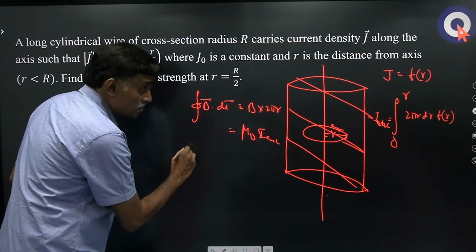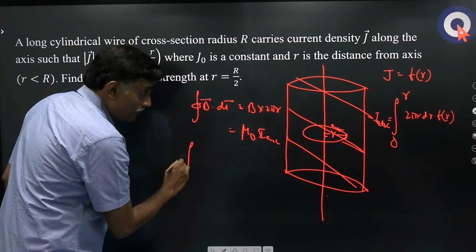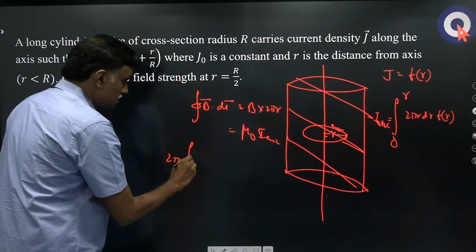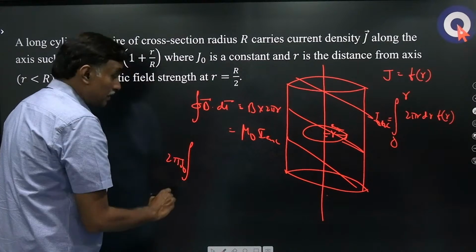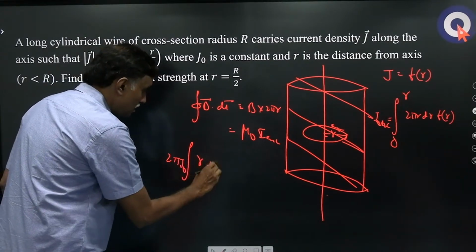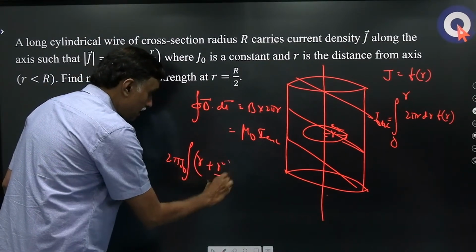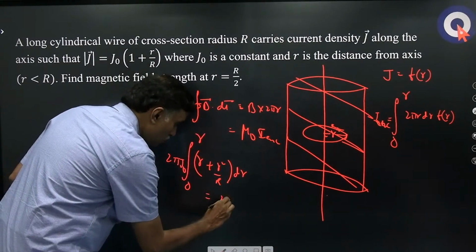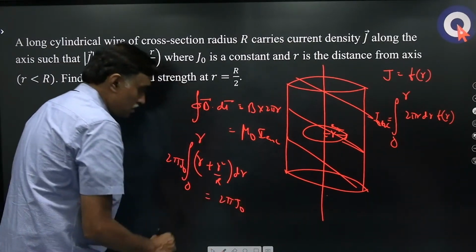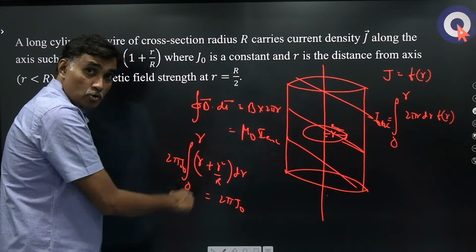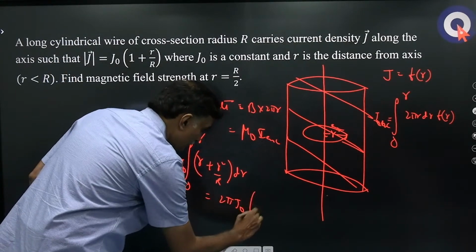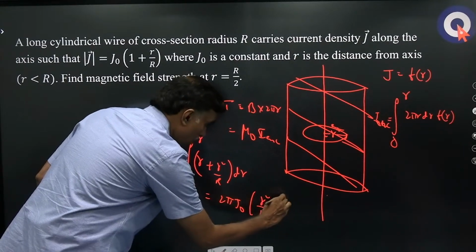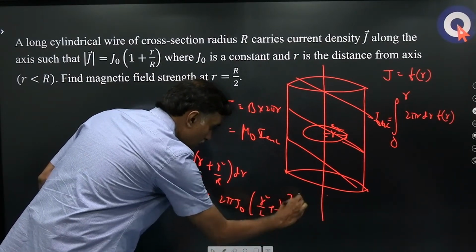What is I enclosed? Integral 2 pi into r into f of r, J naught we can take out of the integration, then r plus r square by R dr from 0 to small r. Then what do you get? 2 pi J naught into r square by 2 plus r cube by 3R.